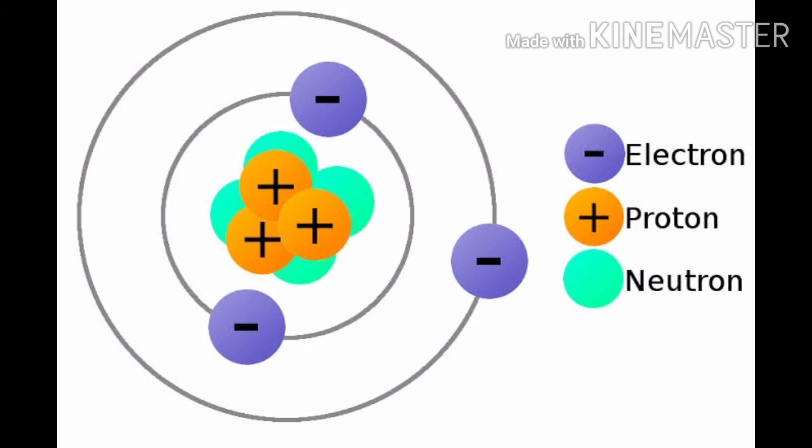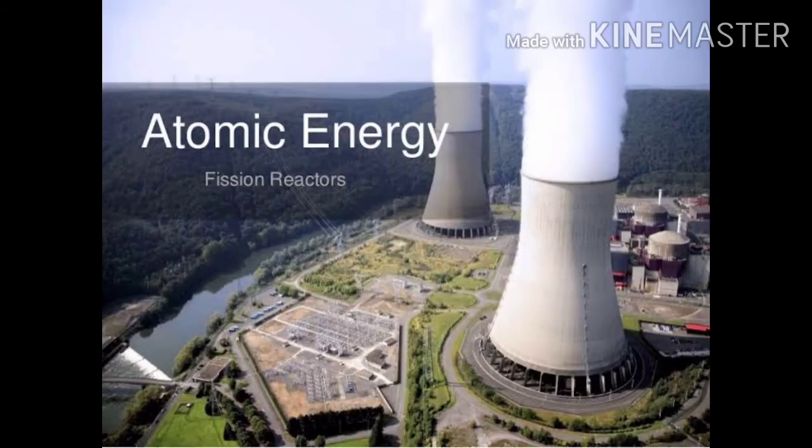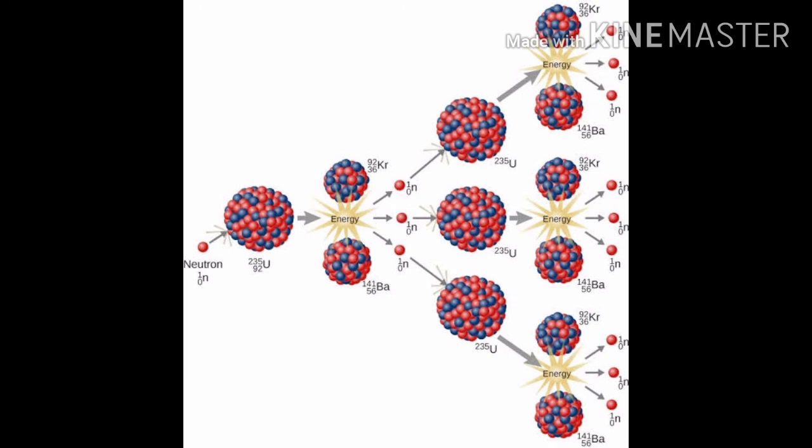They are tightly bound in the nucleus by an energy known as nuclear binding energy. It is a type of potential energy. A part of the binding energy is released if the nucleus splits. This is known as nuclear fission. Nuclear reactors produce electricity by the fission of uranium nuclei.